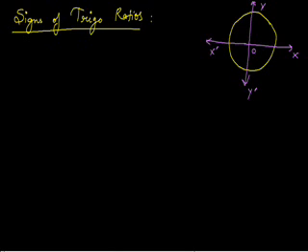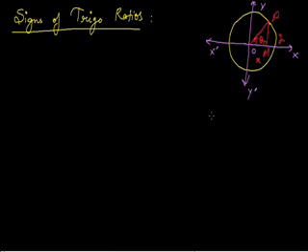So for a point P, making an angle theta with the positive direction of x-axis in anti-clockwise direction, we draw a triangle of reference, say OPM. Let's take PM equal to y and OM equal to x.